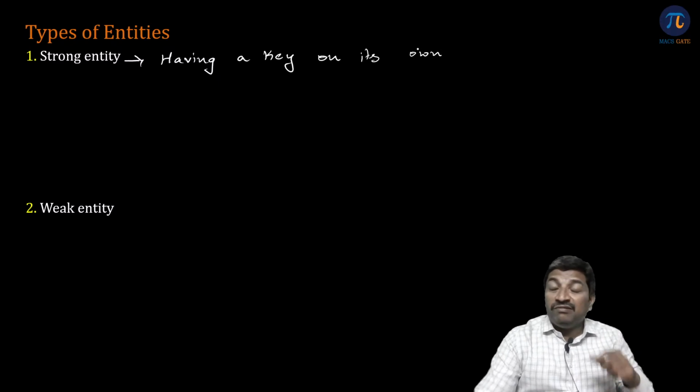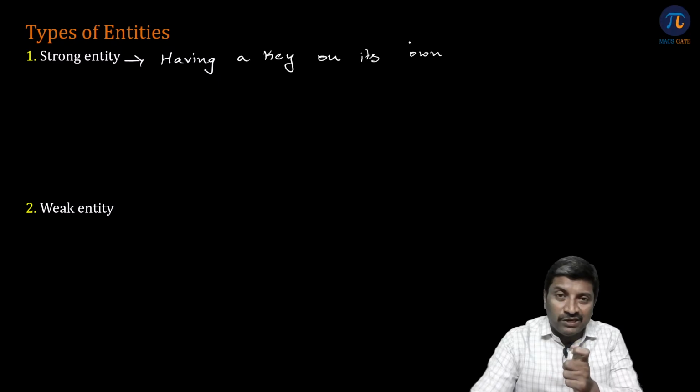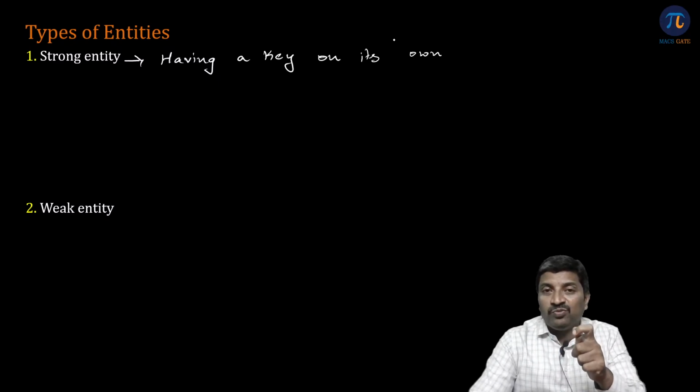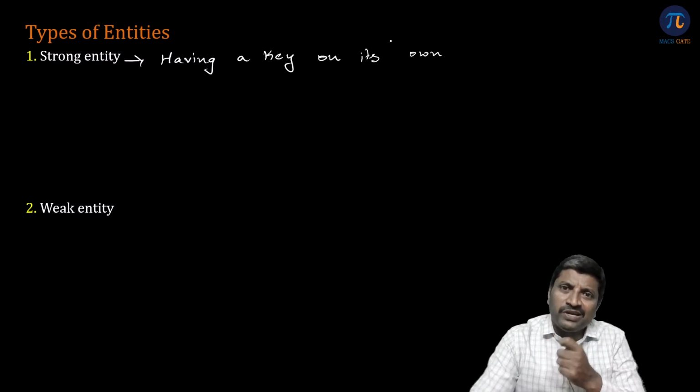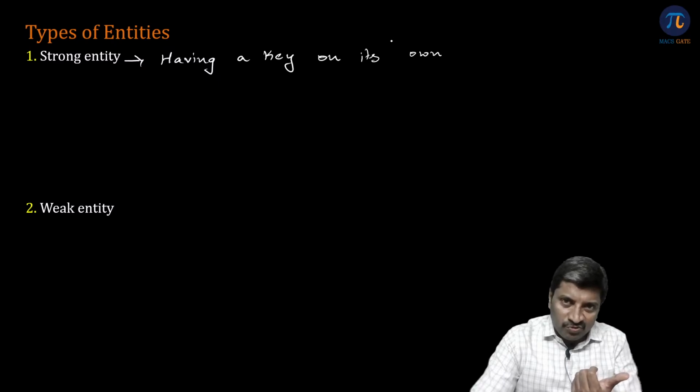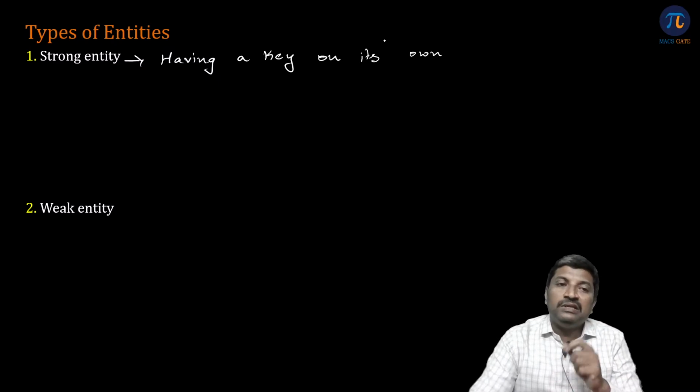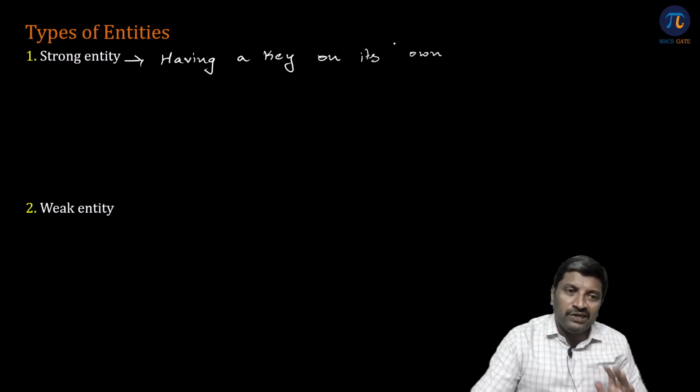For the entity, you consider some attributes. Out of all those attributes, one attribute can be used to identify the records uniquely, so I can say it is a key. So whenever the entity has a key on its own, it is called a strong entity.